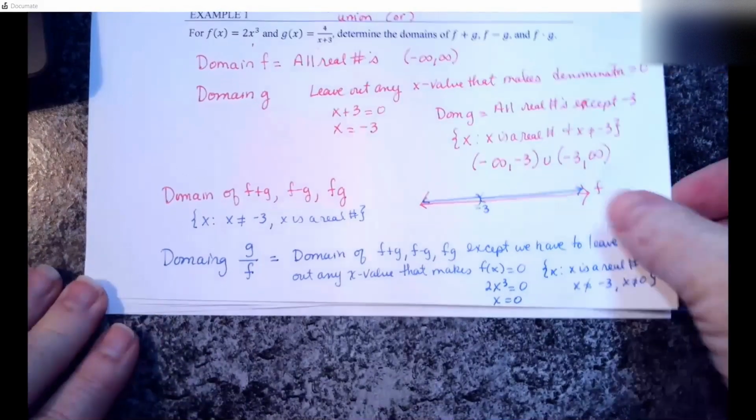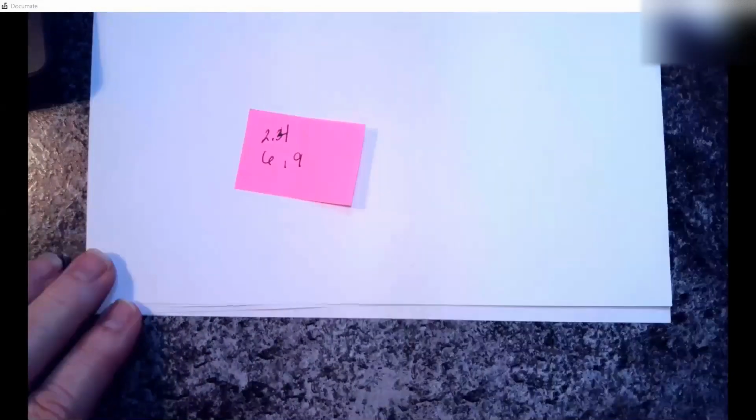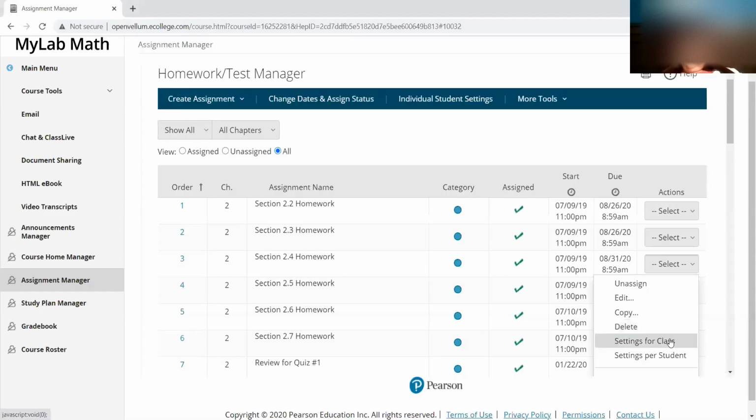All right. So I would like to pull up your homework. So I'm going to stop sharing this screen for a moment, and I'm going to share homework and go to 2.4.